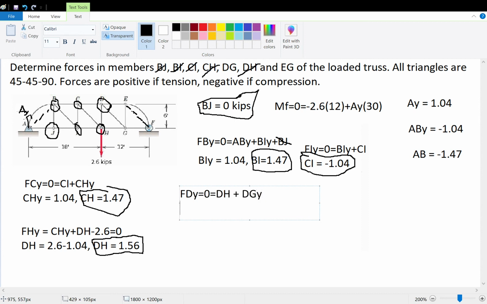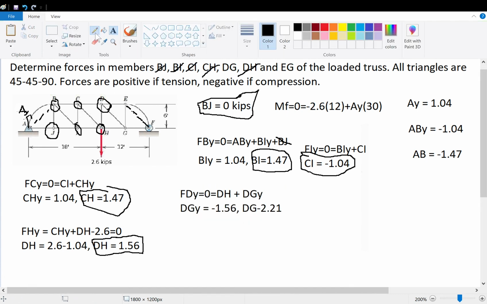And if you already know DH, that means DG in the Y direction is equal to negative 1.56, and then that means DG multiplied by root 2 is going to end up being negative 2.21 kips. And I'm sorry that I'm not writing kips everywhere, but that's the unit of force that this is going to be in.